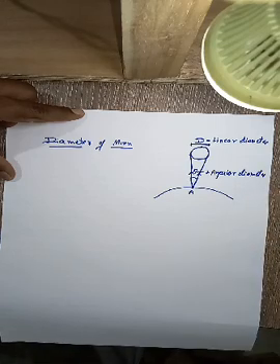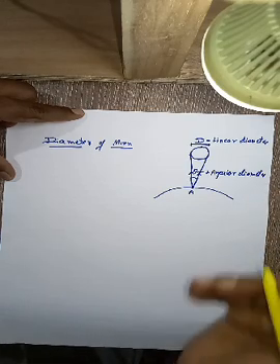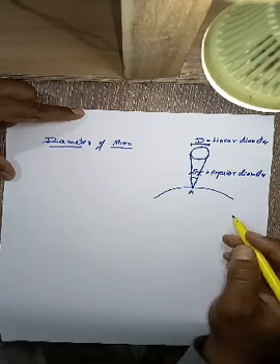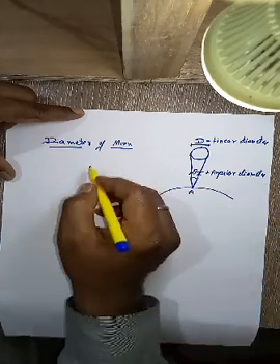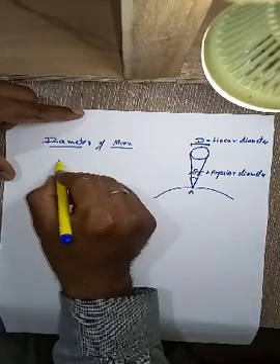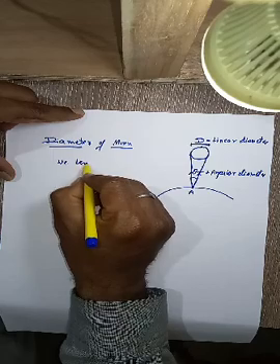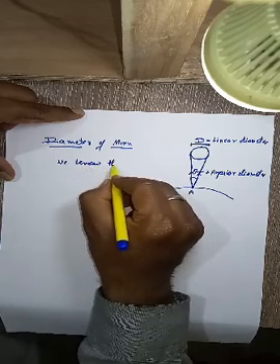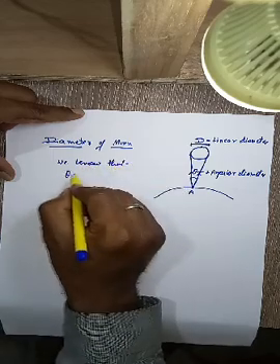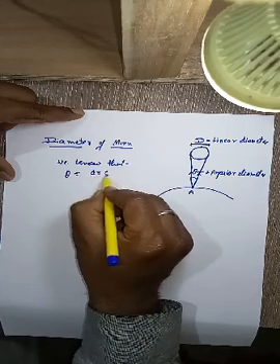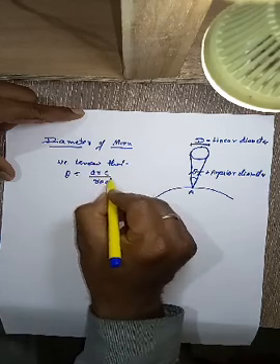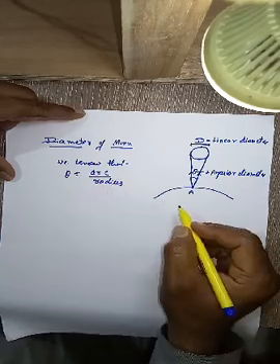So again we have to follow in the same way as I have already explained to you, that we know that theta equals arc upon radius, right?